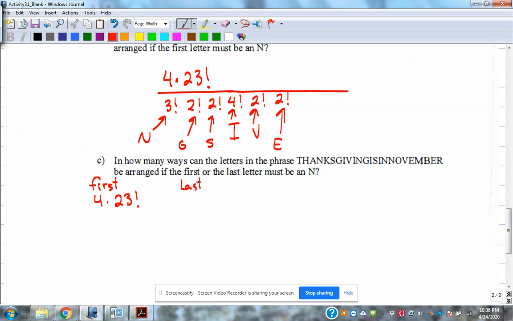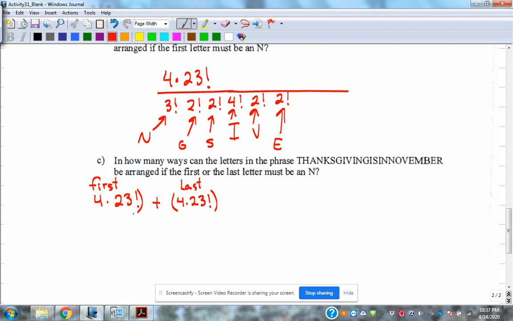If the last letter is an N, or the first letter or the last letter being an N out of that, you could have 4 times 23 factorial there.